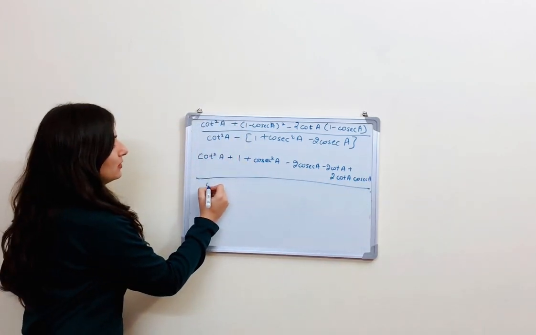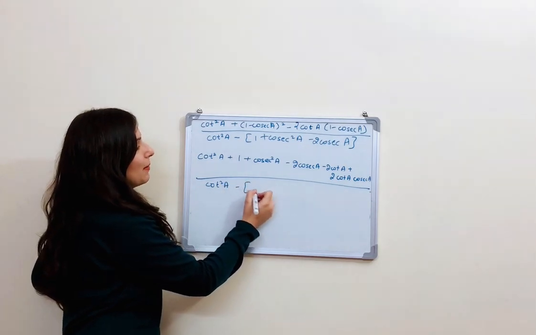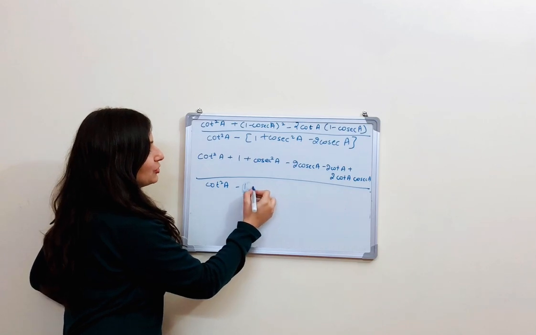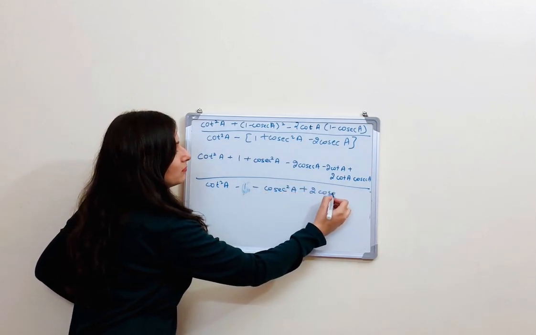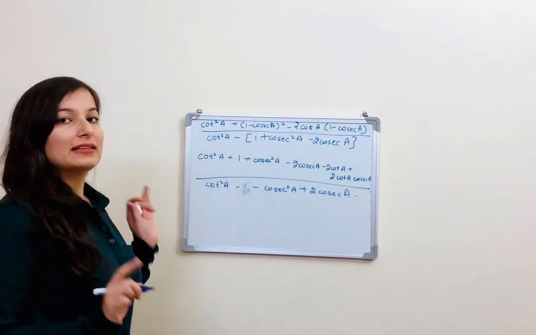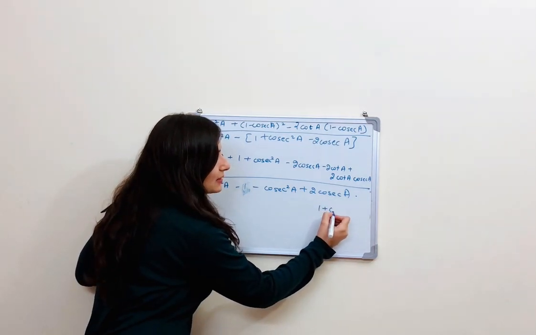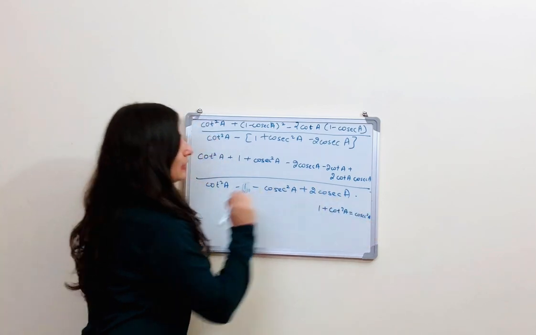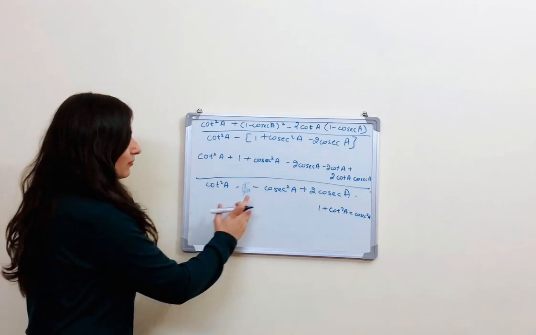In the denominator, just expand the bracket and change the signs. Cot square A is minus, so we are removing the bracket, signs will be changed. So after expanding everything, we are getting this. So now you must remember the identity: 1 plus cot square A equal to cosec square A. Let's just see and check where we can apply this identity.